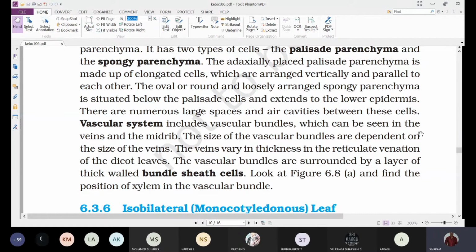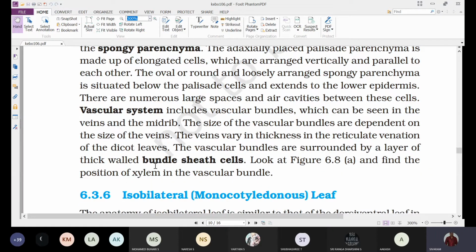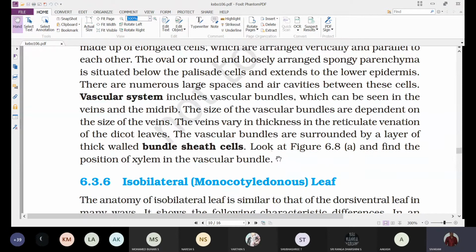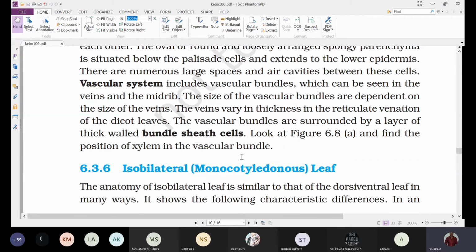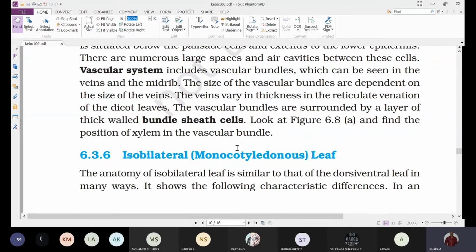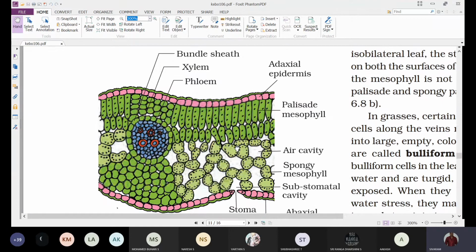And next, the vascular bundles are surrounded by a layer of thick walled bundle sheath cells. When you observe the figure, we can easily identify the position of xylem and phloem in the vascular bundle.